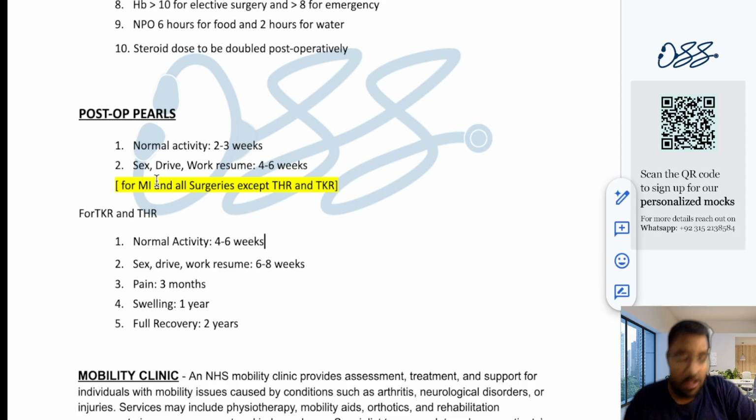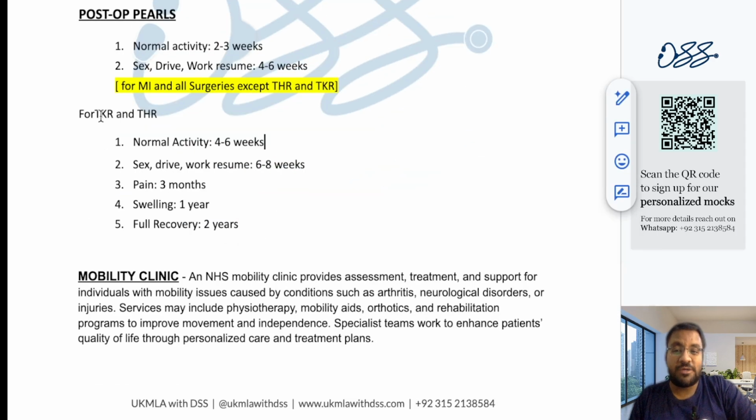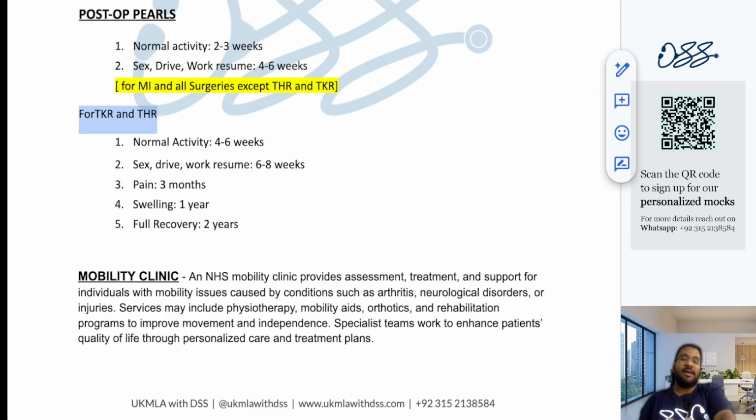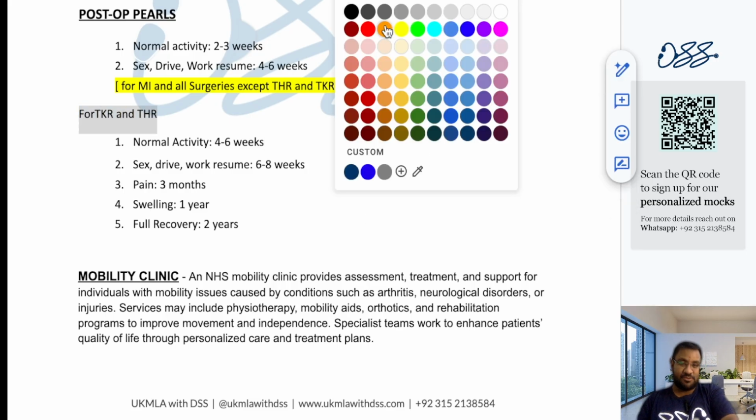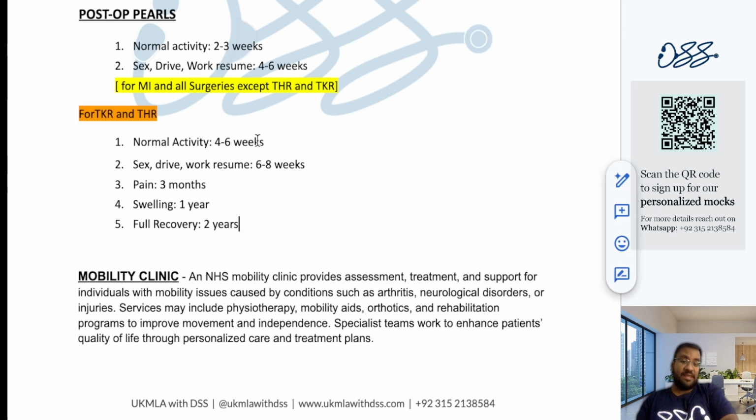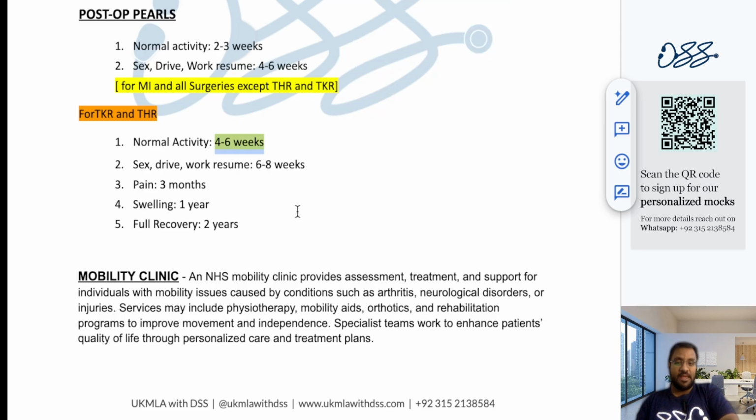This is for all the surgeries, but for total knee replacement and total hip replacement, the time duration gets a bit increased. Instead of 2 to 3 weeks, the normal activities are resumed in 4 to 6 weeks. So this changes sex, work, and driving: instead of 4 to 6 weeks, this is now 6 to 8 weeks.